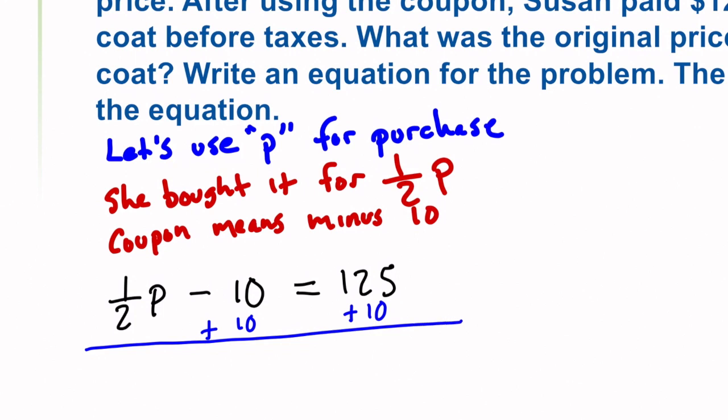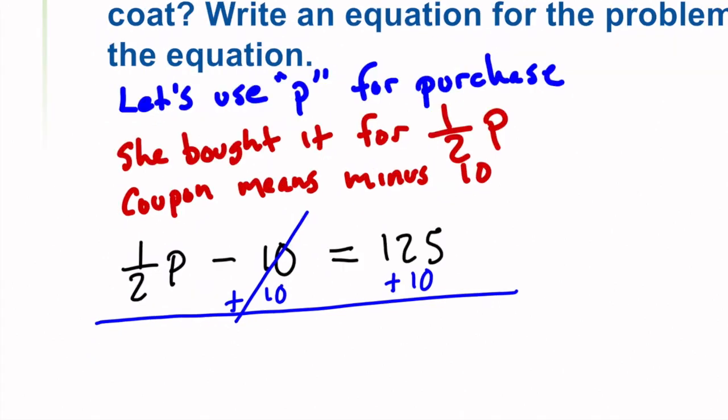The 10s here are going to cross out because we get 0. We're going to bring down the 1/2 P, and also bring down the equal sign, and then 125 plus 10 will be 135. Now we have a fraction, so we're going to multiply both sides by 2. The 2's on the left side are going to cross out.